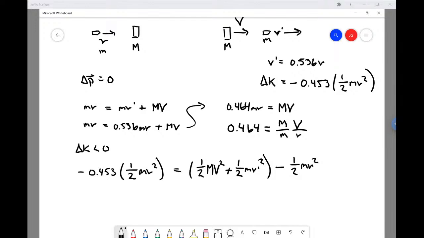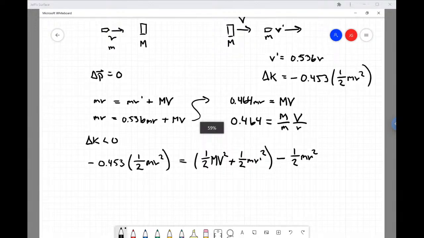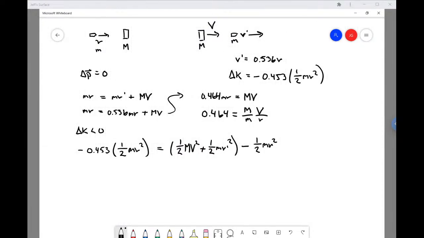We've got a 1/2 m v squared on both sides, so we can add that to both sides. So if I add the 1/2 m little v squared to both sides, that's going to give me 0.547 1/2 m v squared equals 1/2 big M big V squared plus 1/2 little m.